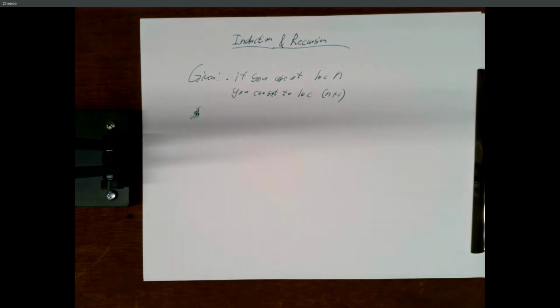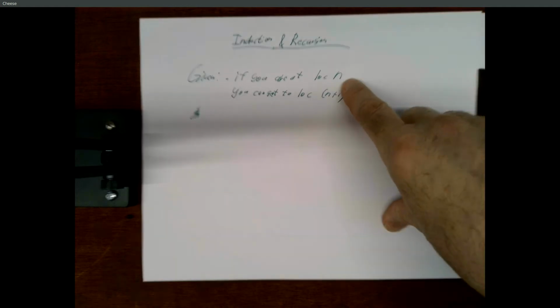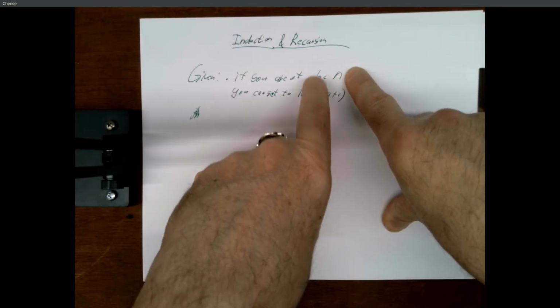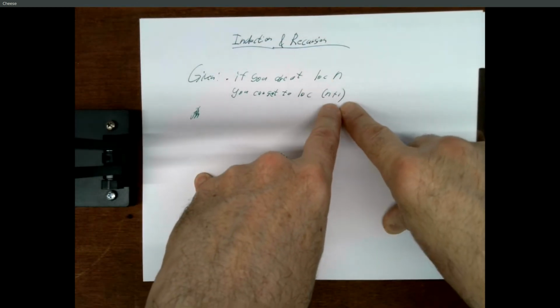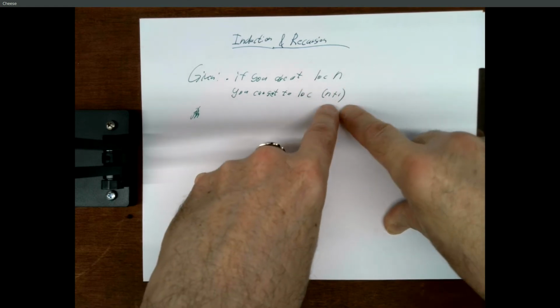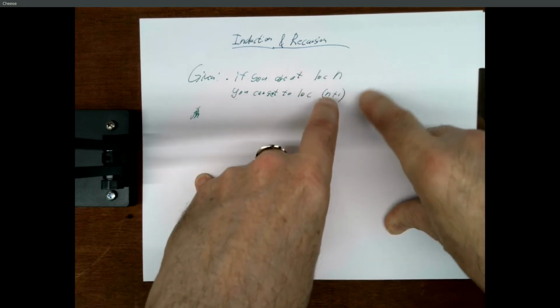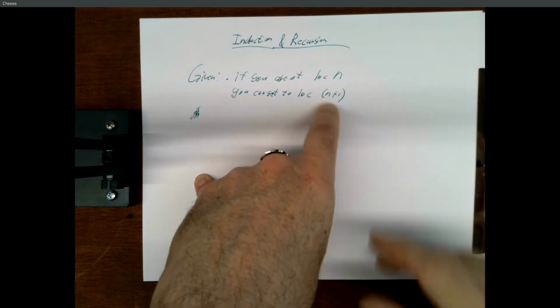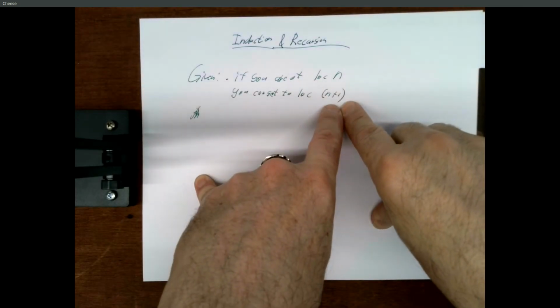We can just use this proposition, which is true, multiple times. If you're at location N and you want to get to location N plus 10, well, apply this proposition to say, hey, if you're at location N, you can get to N plus 1. And if you're at N plus 1, you can get to N plus 2. And if you're at N plus 2, you can get to N plus 3. And after you write 10 lines of that proof, you've proven that if you're at location N, you can get to location N plus 10.